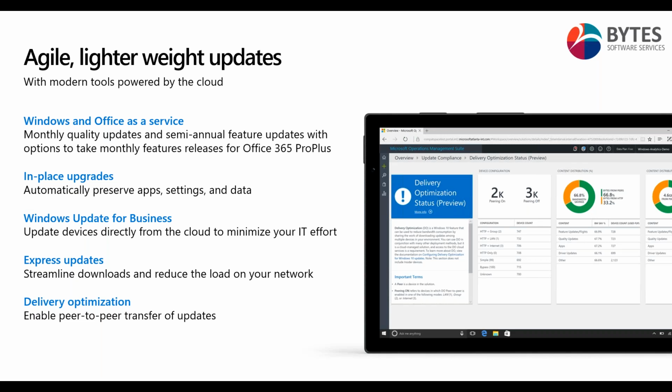In-place updates, because of the way that modern apps are designed, mean that those updates are streamed down in the background while you're still using the app, and the data and the settings for those apps are retained inside that environment. Generally, Microsoft are trying to make it as simple as possible to make all these services work for you.